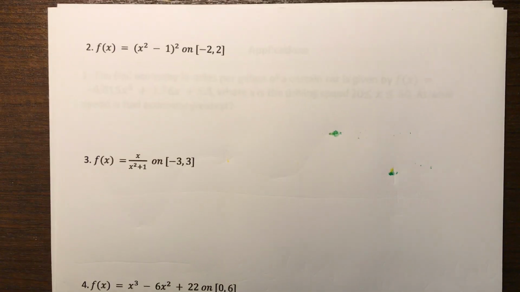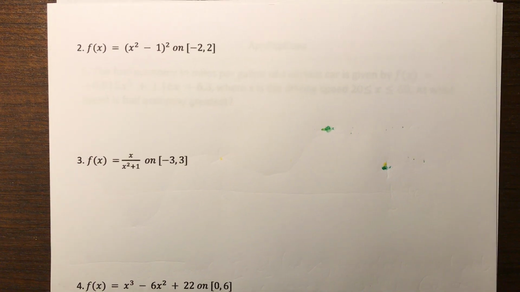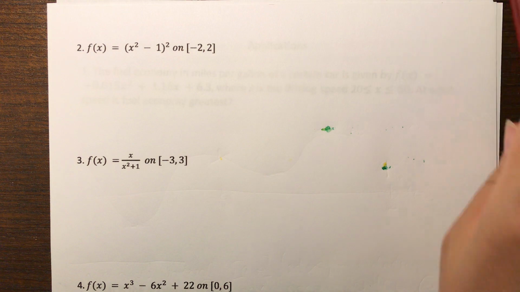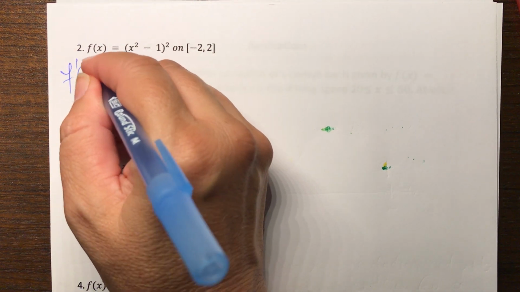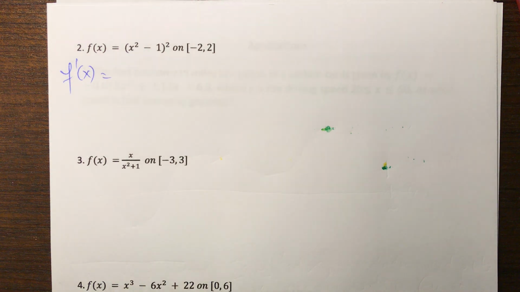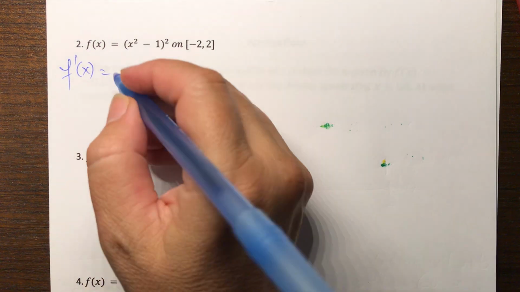All right. So let's do this a few more times. Okay. So it seems pretty easy. Find the derivative, the critical numbers. Okay, so here's my derivative. Ooh, it's a chain rule. Be careful.